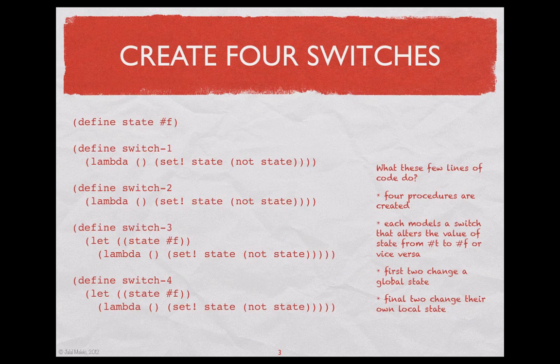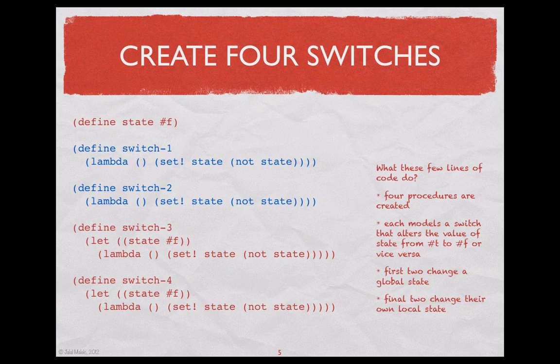Here are the statements or expressions that have created all of the objects you saw. First of all, we create a state by creating a binding for the name state. And the next thing is we create two switches, switch 1 and switch 2.